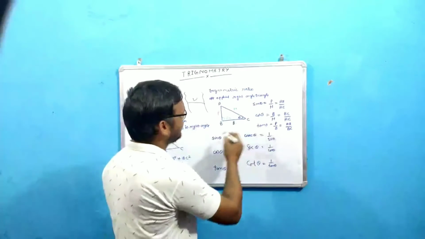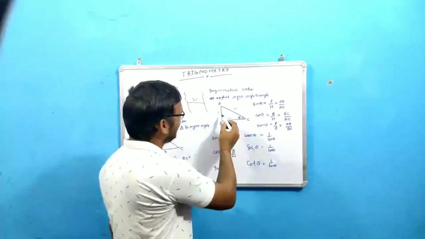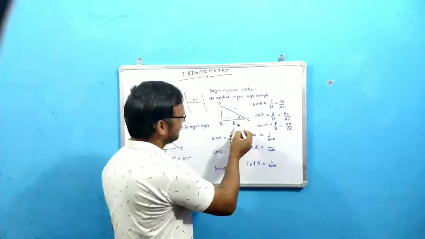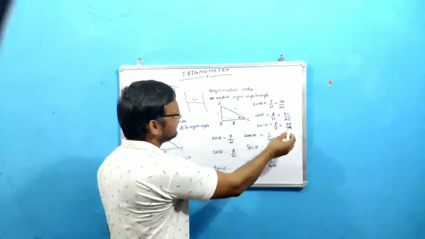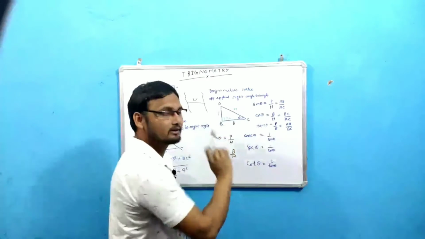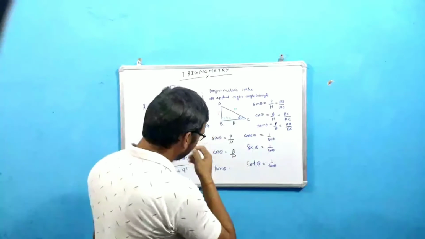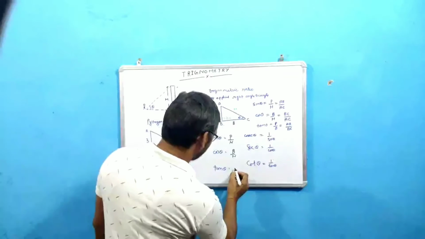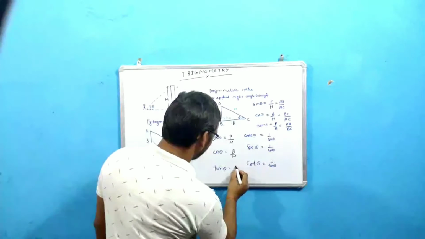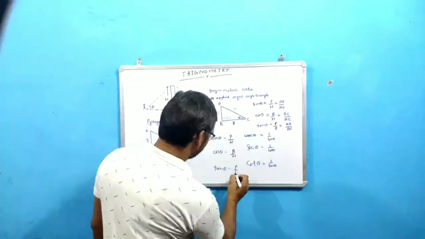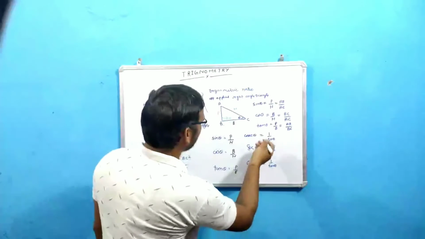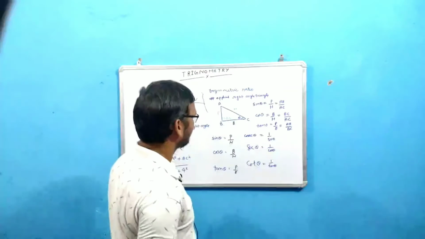Then tan theta is equal to perpendicular upon base. Perpendicular is AB and base is BC. So it is the ratio of perpendicular upon base. Now, what is cosec theta?